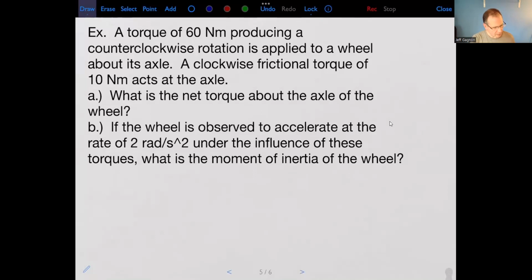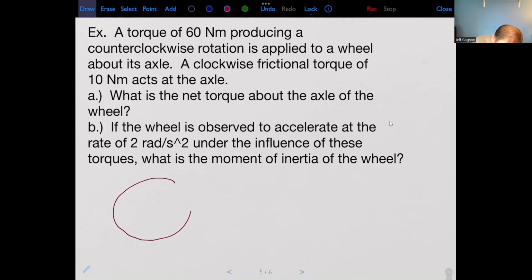So now you're told a torque of 60 Newton meters producing a counterclockwise rotation is applied to a wheel about its axle. A clockwise frictional torque of 10 Newton meters also acts on the axle. So we have this wheel here.